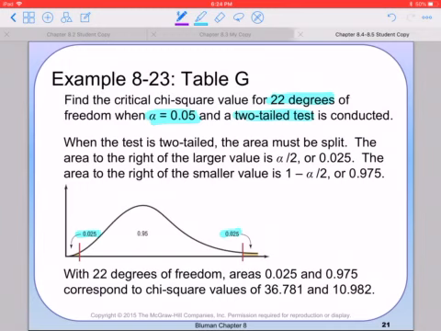So you want to add up. So remember, to find this value, you had to add up the area on the right. So for our left value, we had to add up this plus this. And we get 0.975.